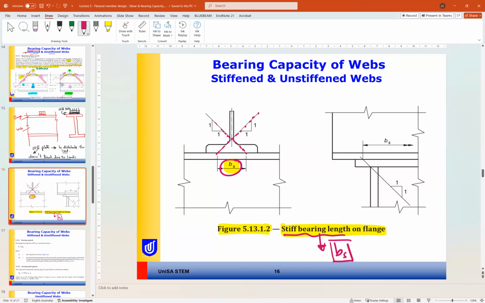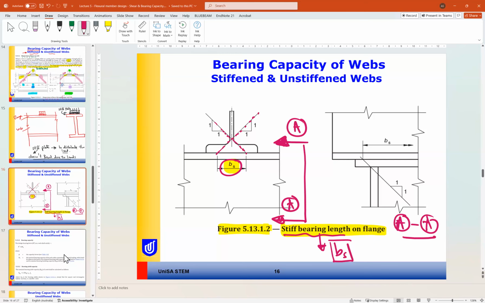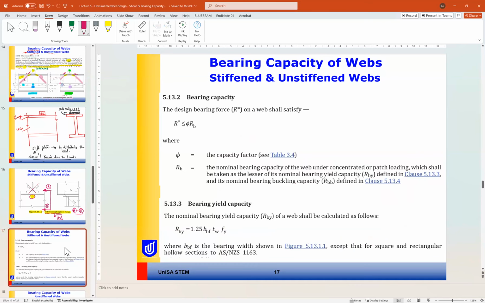This is from one side, and if we look at it from the side, this is our view. If we look at AA, for example, this is how AA looks like. So this is how to find BS.